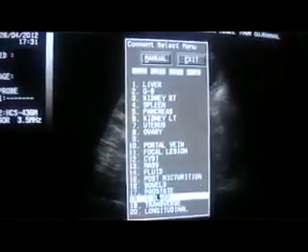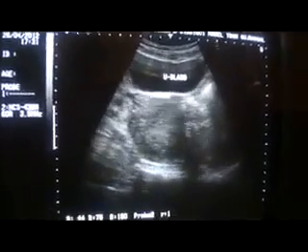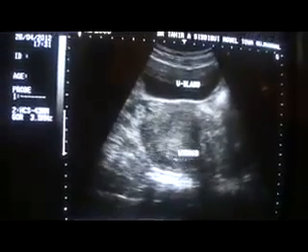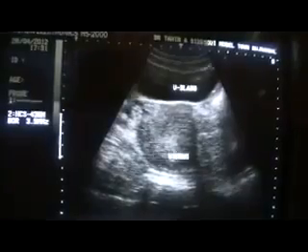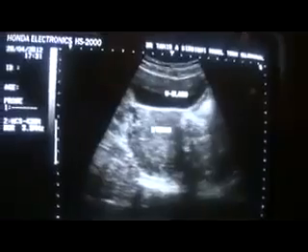Now, the situation is that we try to scan in longitudinal section, and you see, in longitudinal section, when you align the uterus with the vagina, you see that this is the cervical area, this one and this one.